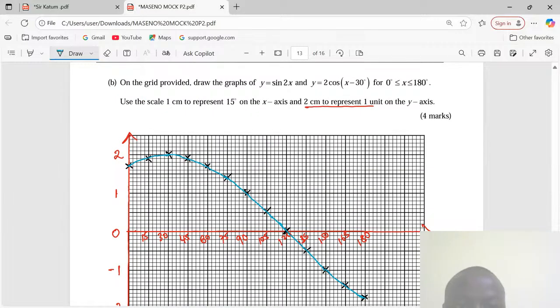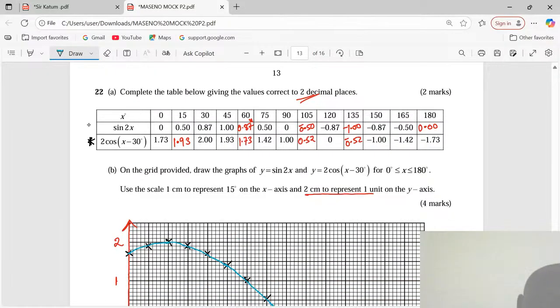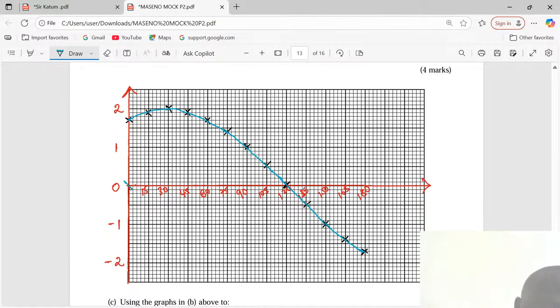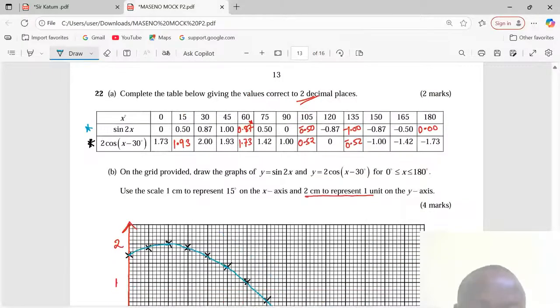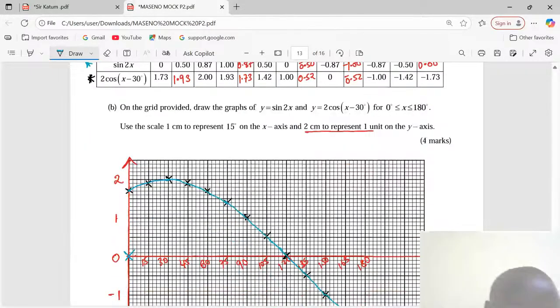The second one, which is now our first in this case, 0 should go with 0 for the second curve. I'm plotting it now very fast. Then we are talking about 15 and 0.5.